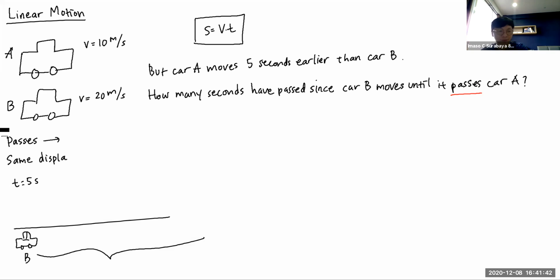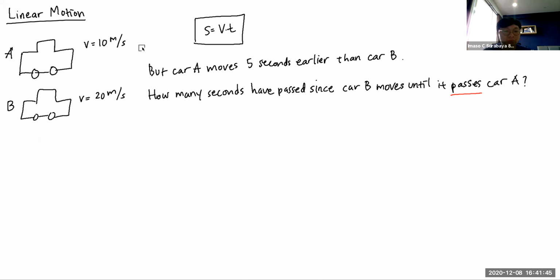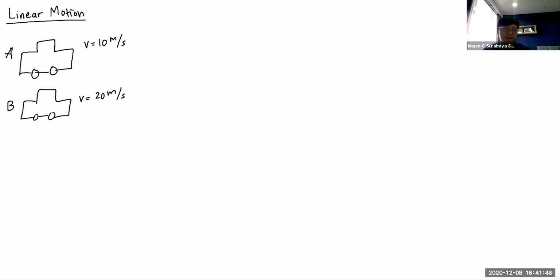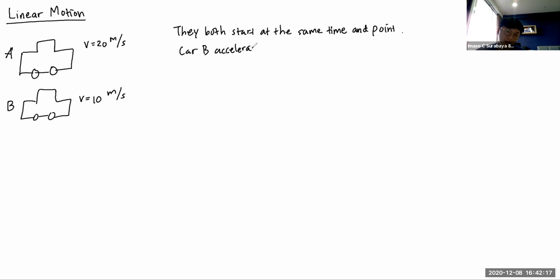Okay. So what if I modify this a little bit? So there are still two cars, but this time car A moves at 20 and car B moves at 10. So they both start at the same time and point. Car B accelerates at a rate of 1 meter per second squared.